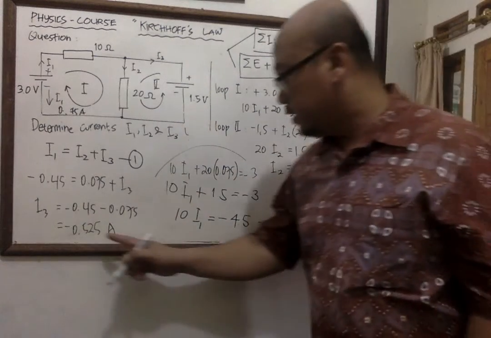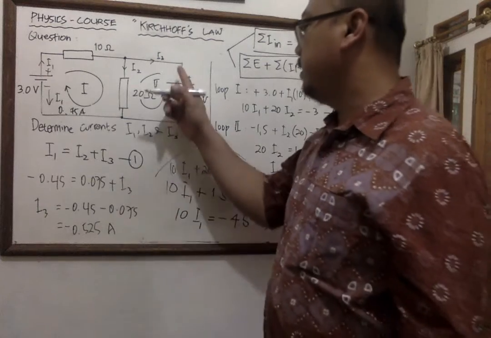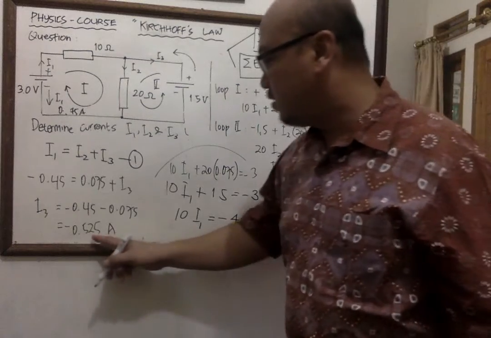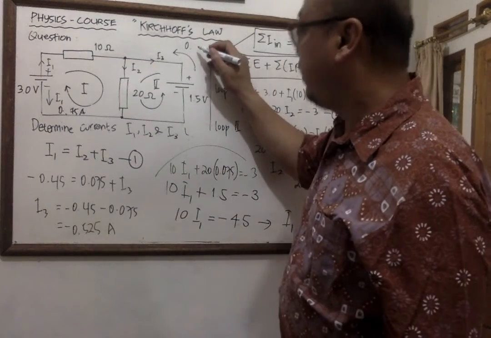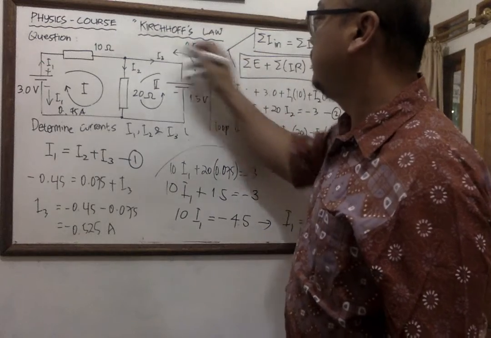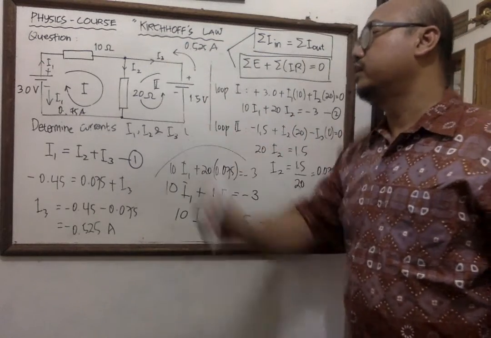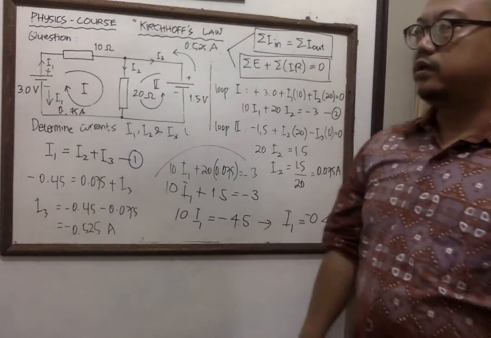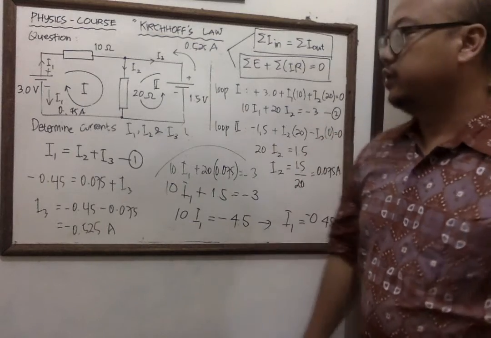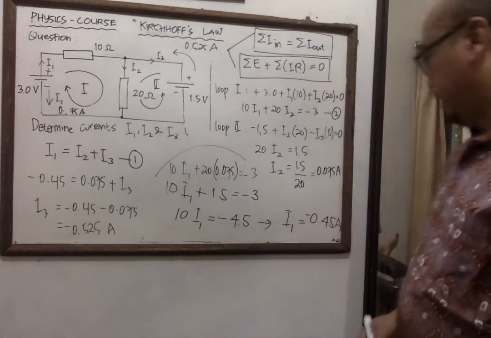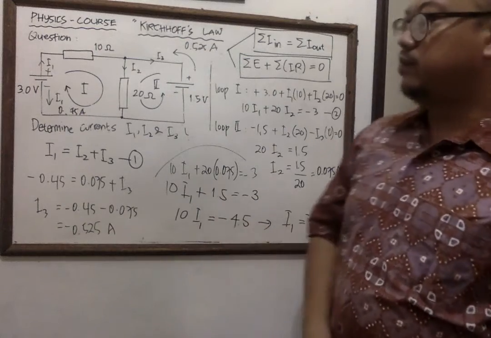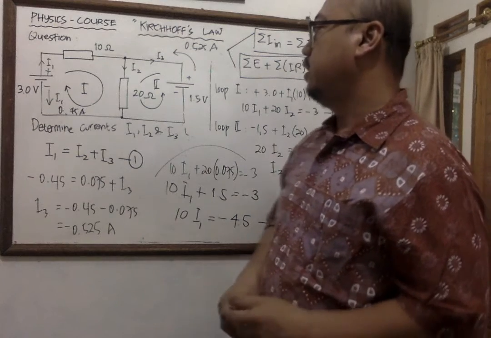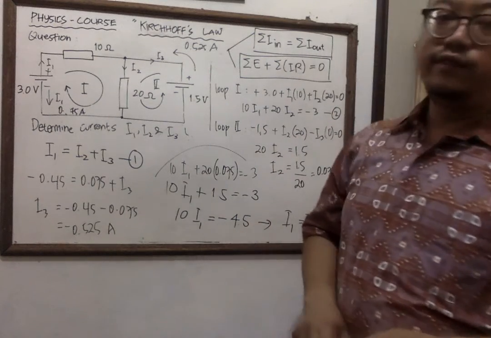But I3 is negative, so its direction is opposite: 0.525 ampere, anti-clockwise.